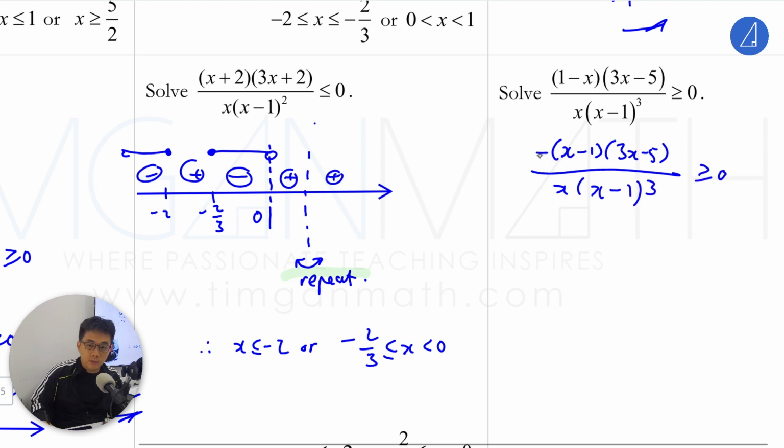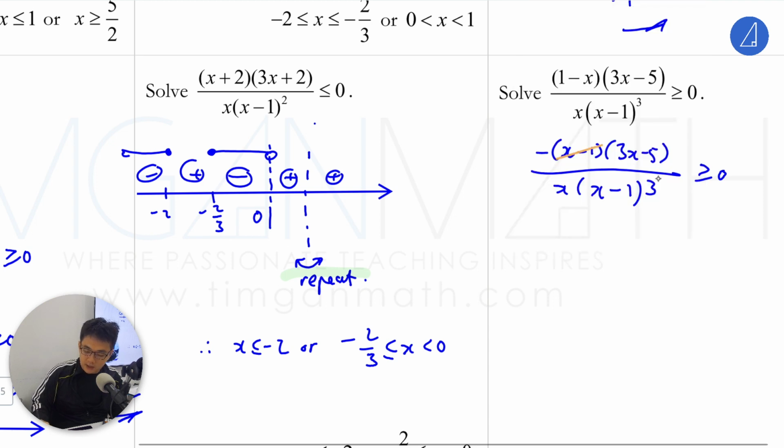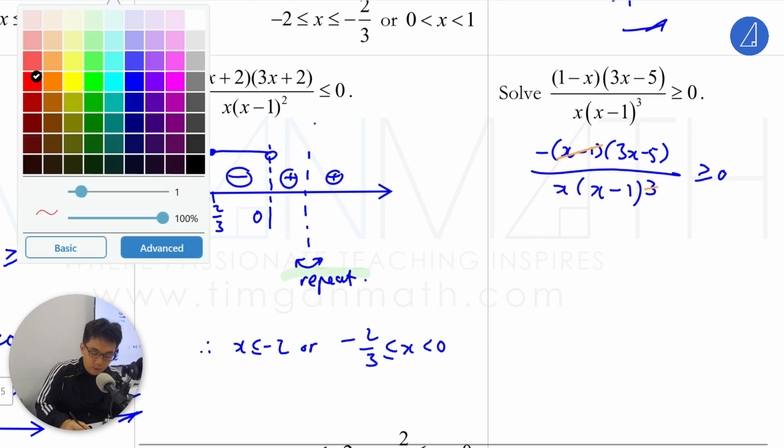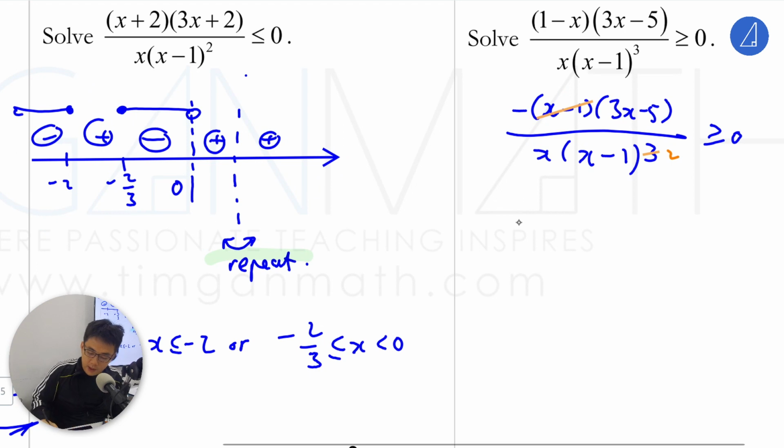This negative, don't make it disappear. Cancel it out. I think a lot of you, don't worry, just cancel this out. Then this will be number 2. This will be a repeated root instead. So this will be minus 3x minus 5, x minus 1 squared, then 0, okay?